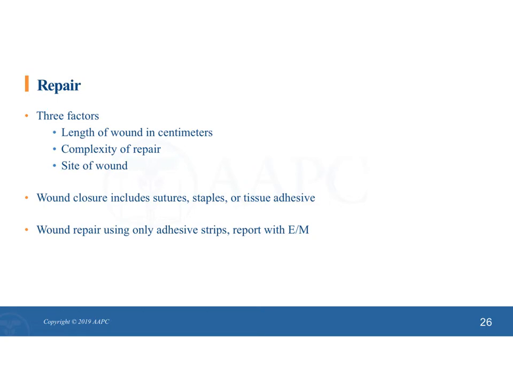You would report an evaluation and management code. Medicare allows the use of HCPCS Level 2 code G0168 for wound closure with tissue adhesive. You may want to make note of this in the guidelines for this section.